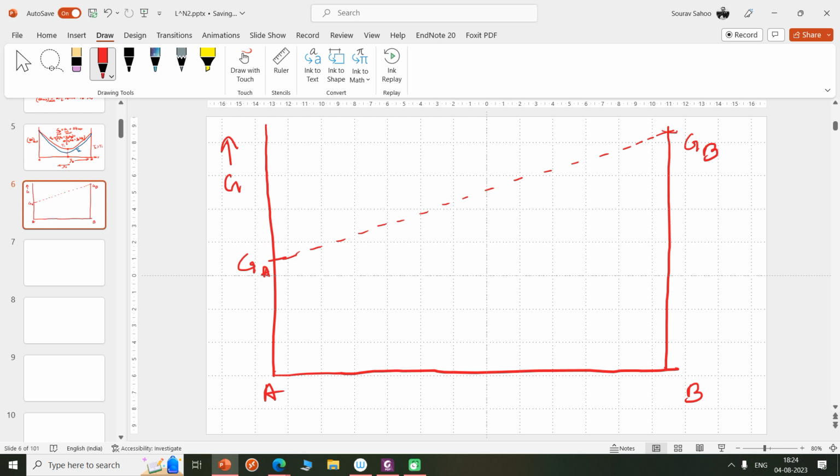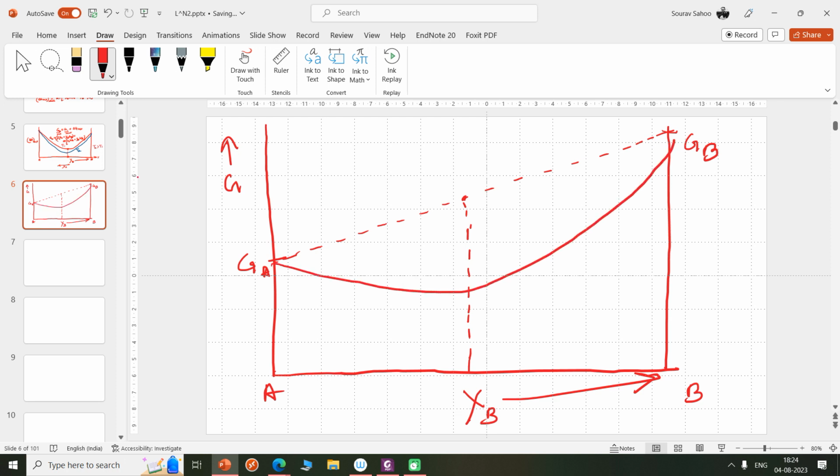So if we take a composition somewhere here, having, let's say, chi B amount of B in the system, upon mixing there will be a curve like this, right?